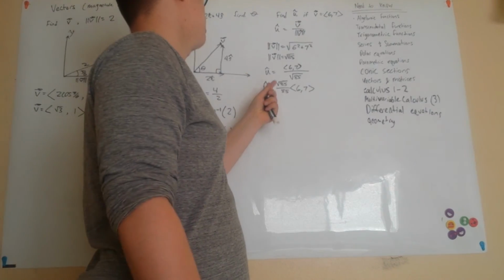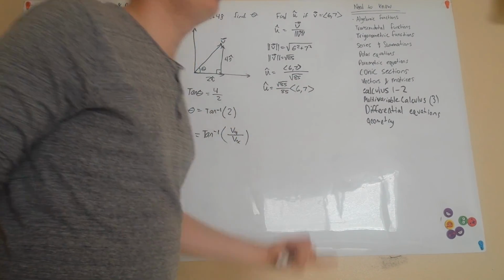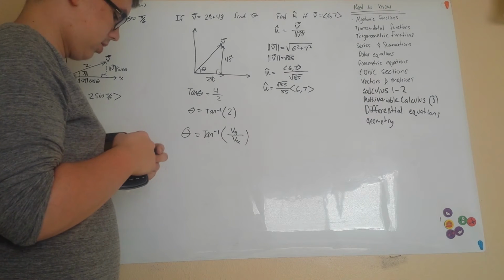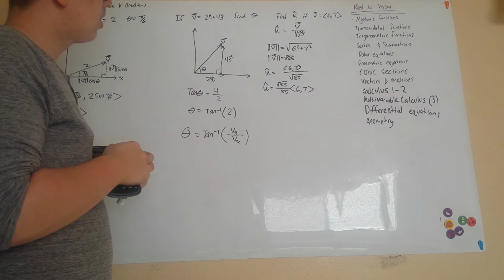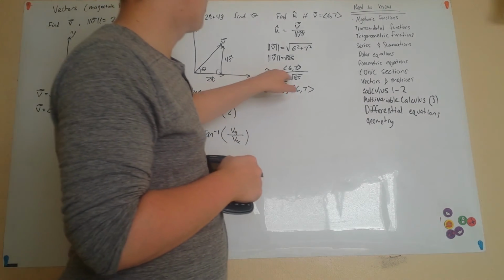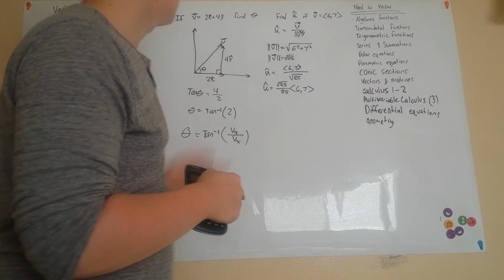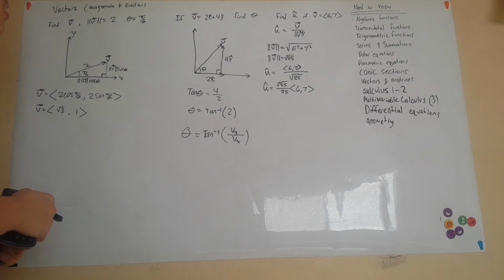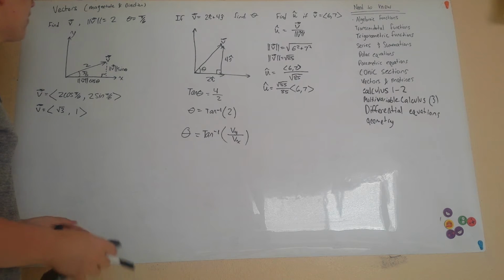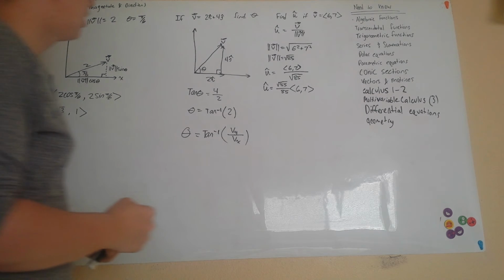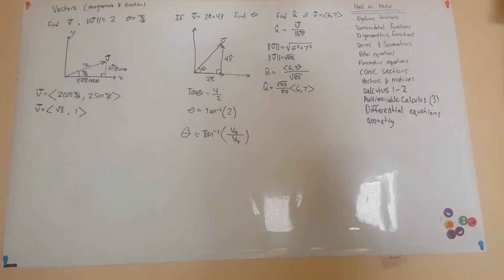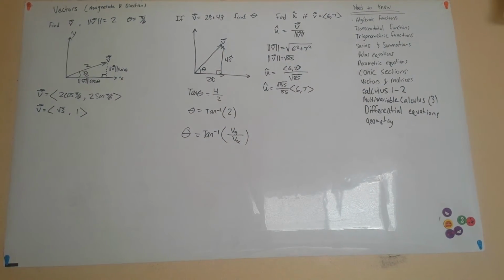Some people even distribute that, but I don't. So what I did here was write that as 1 over the square root of 85 and then rationalize it. Well, that was easy, right? That was no big deal.